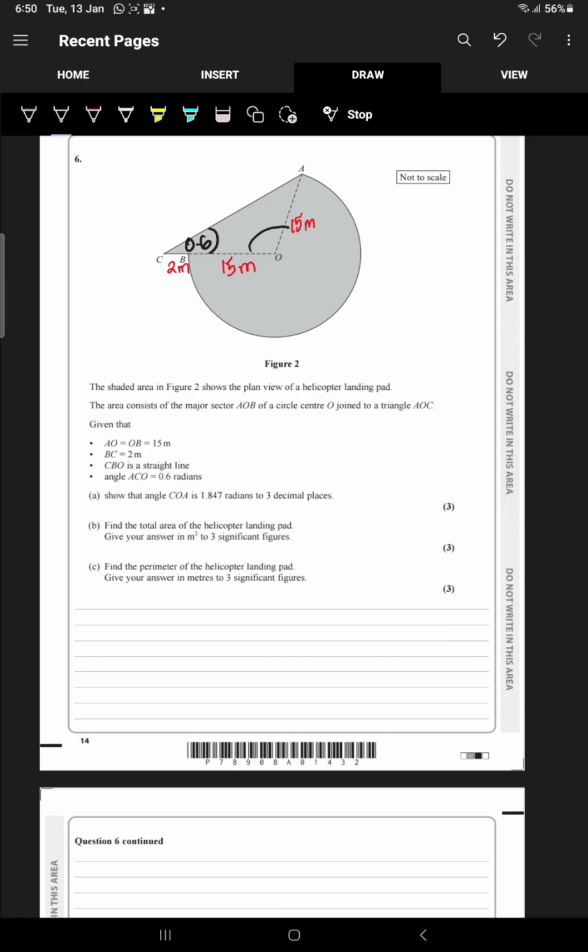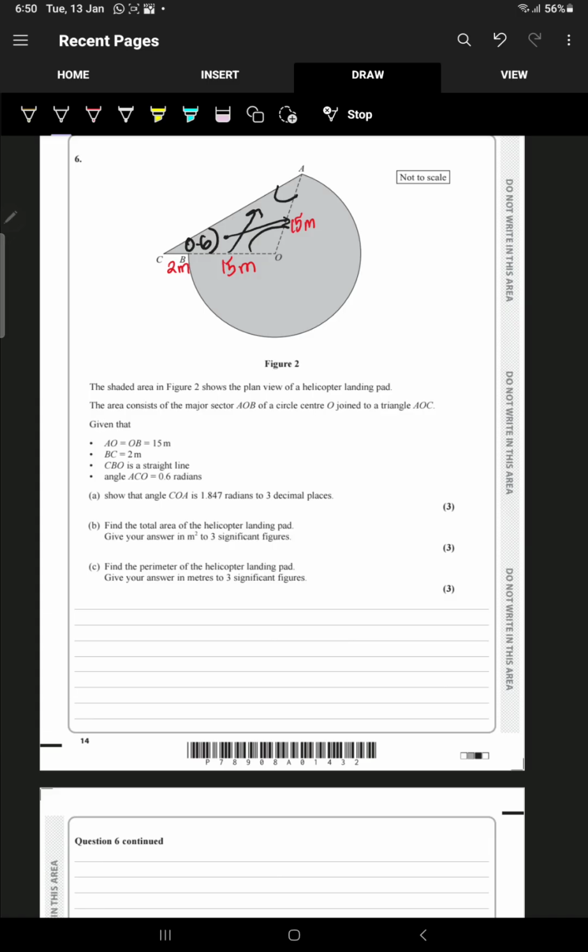So we need to find the angle ACO. How can we find that? Now you notice something: we have an angle and a side opposite to each other. Same over here, we have a side and an angle opposite to each other.